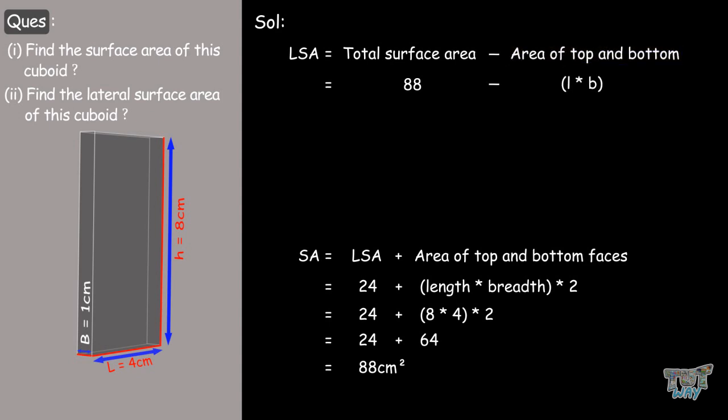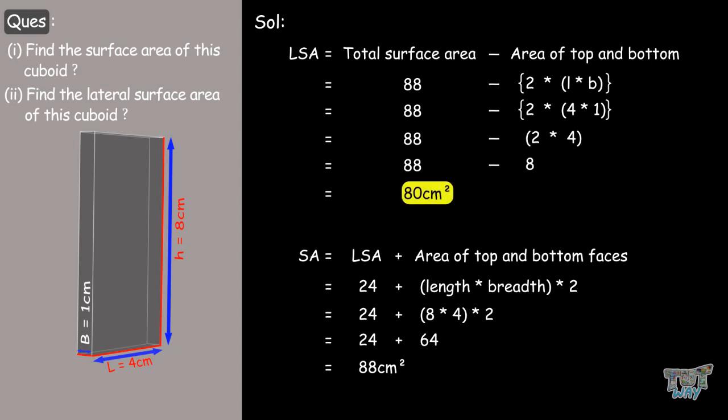Now, top and bottom will be length multiplied by breadth, where breadth should be 1 centimeter, and then length is 4 centimeters, and then height is 8 centimeters. So, surface area minus 2 times length times breadth will be the lateral surface area. And 2 times length times breadth is 8 centimeters. Therefore, lateral surface area will be 80 centimeters squared. This will be the lateral surface area if the cuboid is in vertical manner. That is the new lateral surface area.